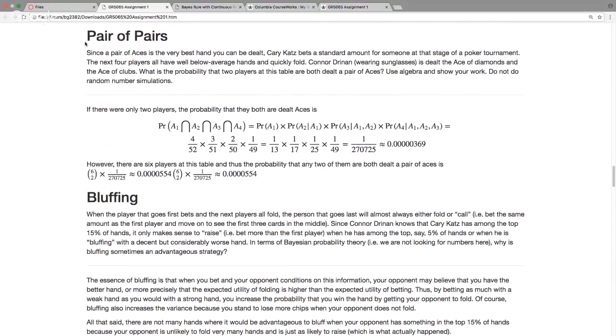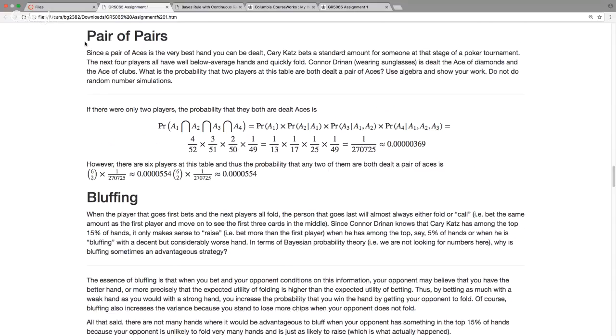In order to calculate the probability of that, you have to do sort of the multiplication rule 3 times rather than just once. Every time an ace is given to somebody, that's 1 fewer aces left. And so you just do the fractions. It comes out to about 1 in 270,000 deals if there were only 2 players being dealt.